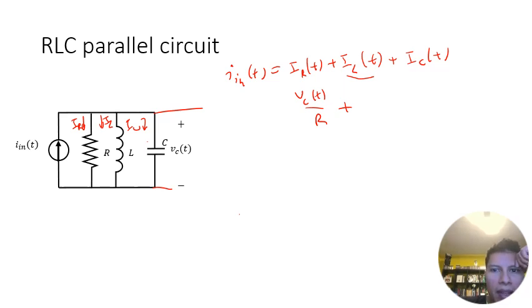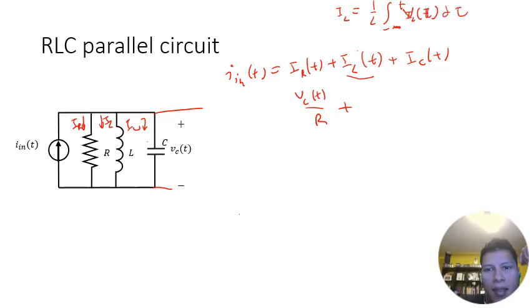well, remember that V_L is equal to 1 over L, the integral from negative infinity to t of... okay, sorry, this is not V_L, this should be I_L, and then this should be V_L of tau d tau.